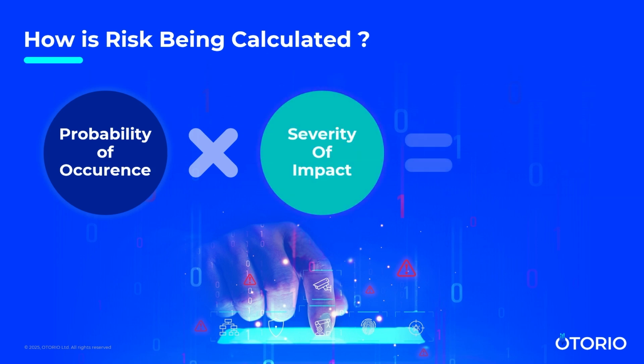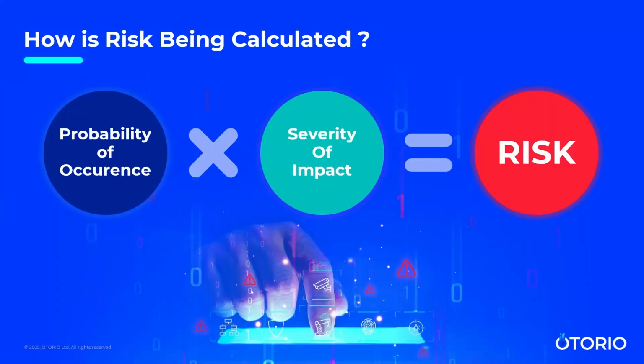I don't think this is going to be new to anyone, right? Usually when we calculate risk, it might differ, but we take two main aspects. One is the vulnerability likelihood, the probability of what might happen. And the other one is severity or impact, from which we then get risk.